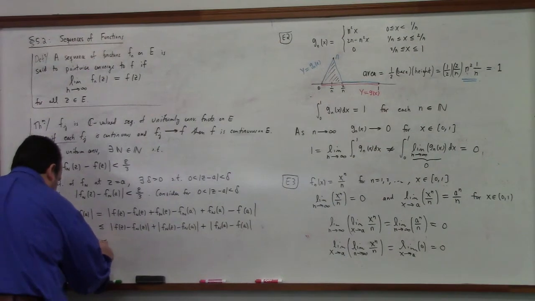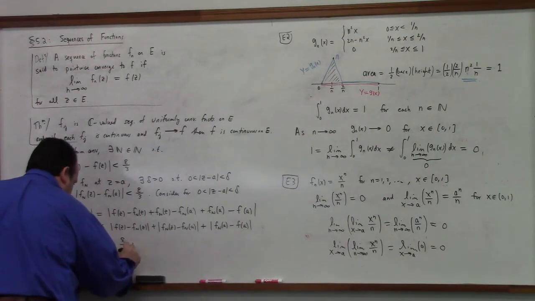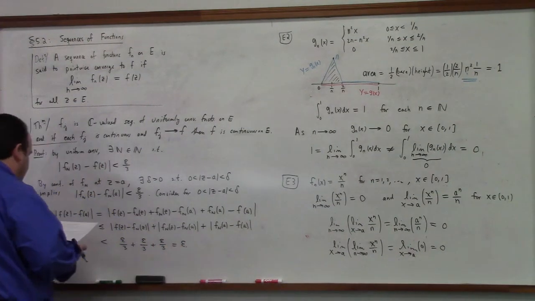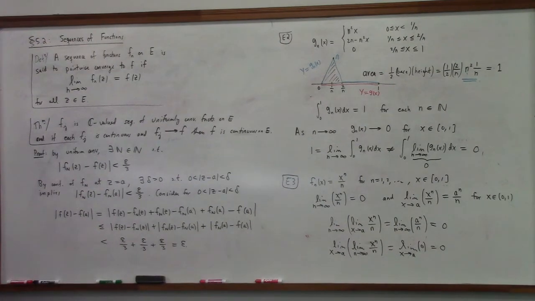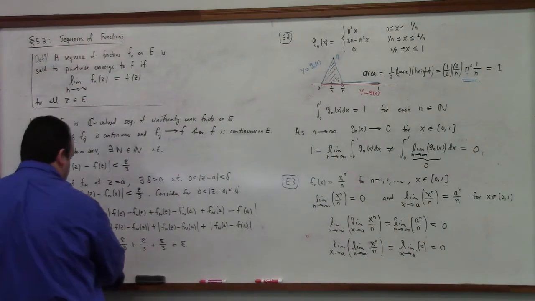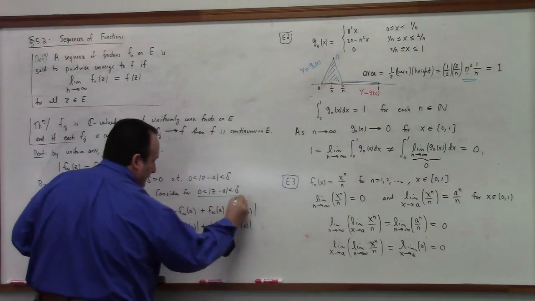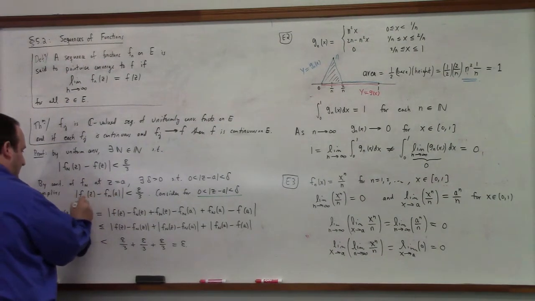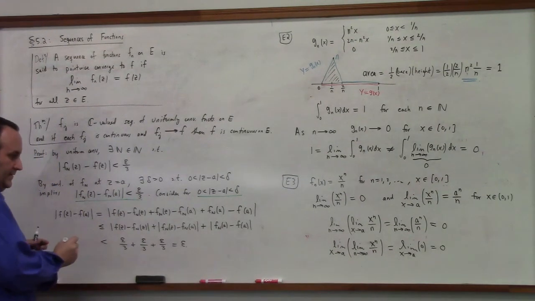So this is less than epsilon over 3 plus epsilon over 3 plus epsilon over 3, which is, of course, epsilon. I used star star for the middle term and star for the left and rightmost terms. This one right here gives us this. So that's true.